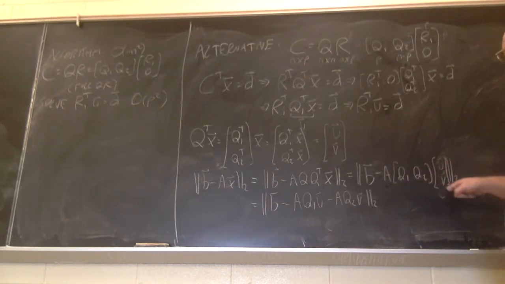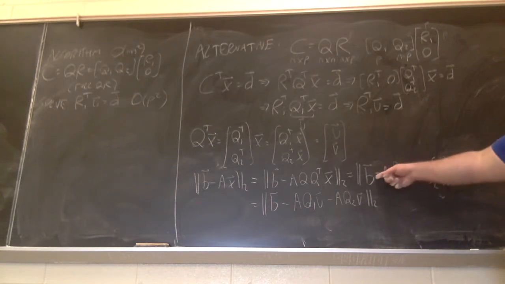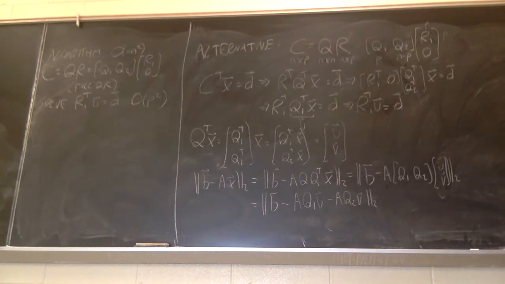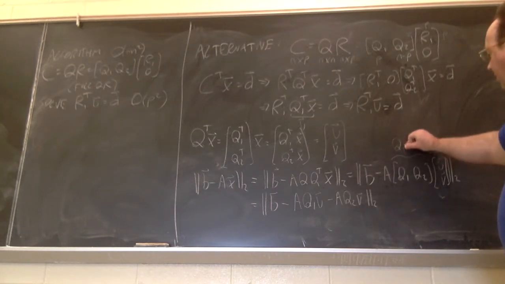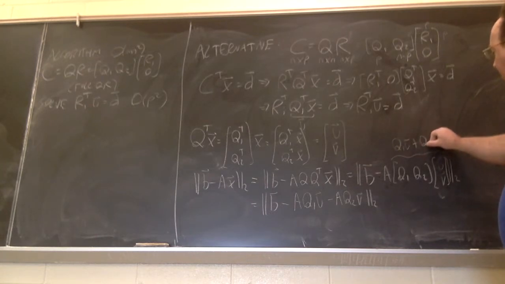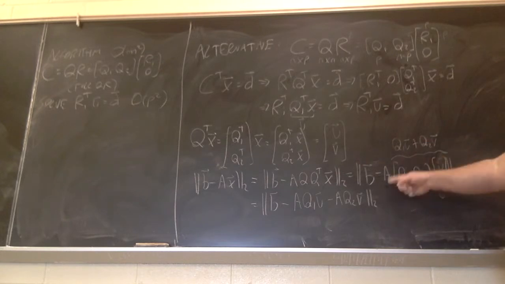Q1 U plus Q2 V. Then you multiply all that by A and subtract. And that's exactly where this comes from. Right, so let me just write that down. That is Q1 U plus Q2 V, and all of that is multiplied by minus A to give me this.